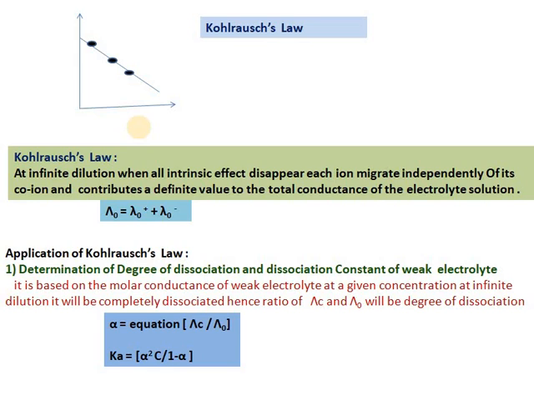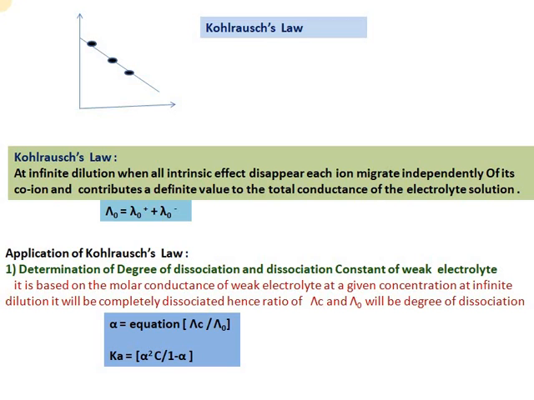So these two statements can be combined, and Kohlrausch's law shows that at infinite dilution, when all interionic effects disappear, each ion migrates independently of its co-ion and contributes a definite value to the total conductance of the electrolyte solution. Mathematically, lambda 0 is equal to lambda 0 plus plus lambda 0 minus, where lambda 0 plus and lambda 0 minus represent the limiting molar conductance values of the cation and anion respectively.